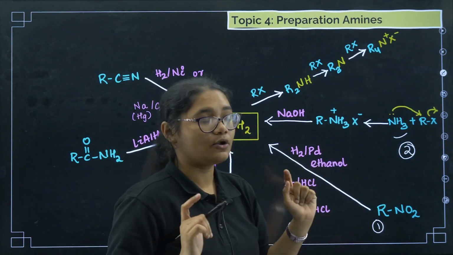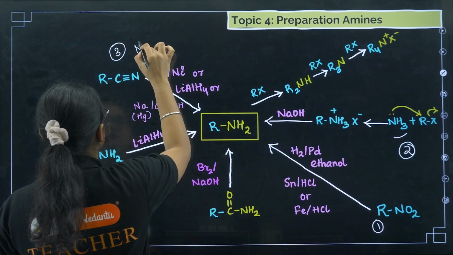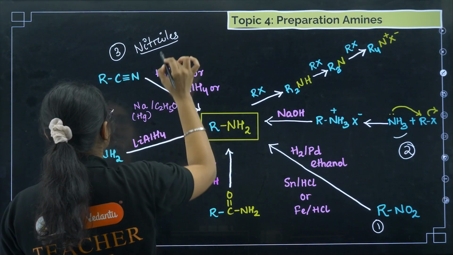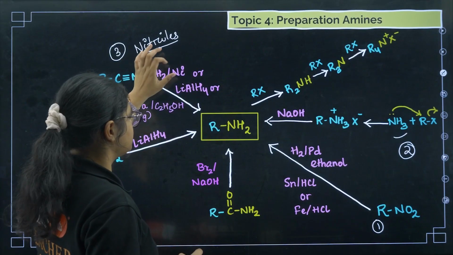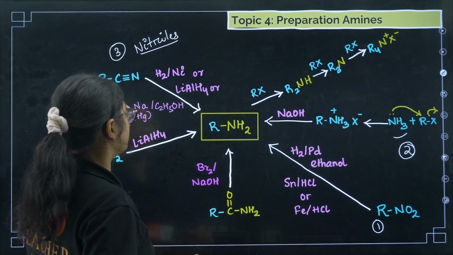Then we had reduction of nitriles, right? Third one. What are the reagents that can be used here? You can use H2 nickel, LiAlH4, or sodium amalgam.